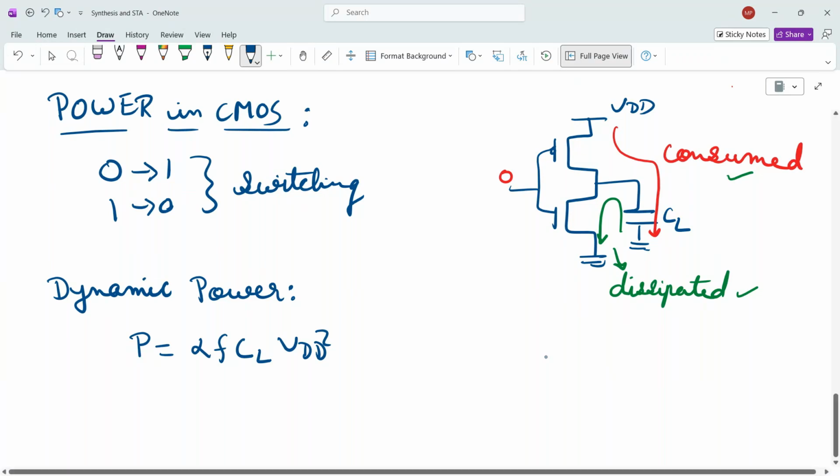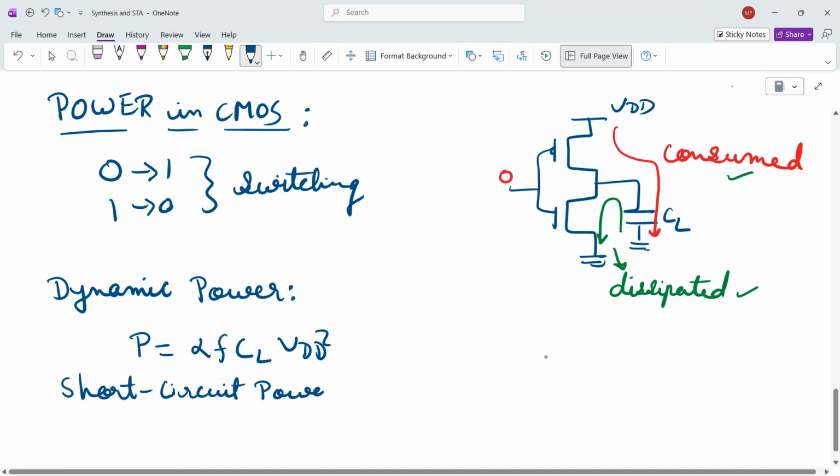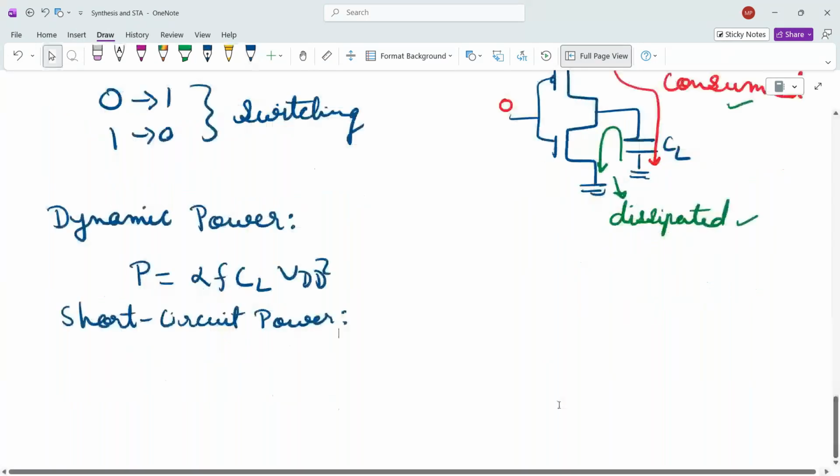And what is short circuit power? So again, for short circuit power, PSC, the equation is VDD times I, the current when it is switching from 0 to 1, and when it is switching to 0.